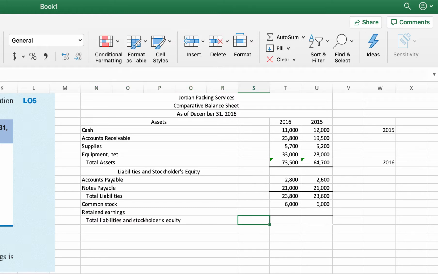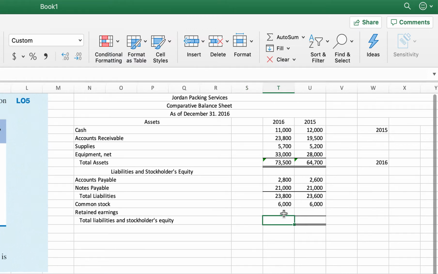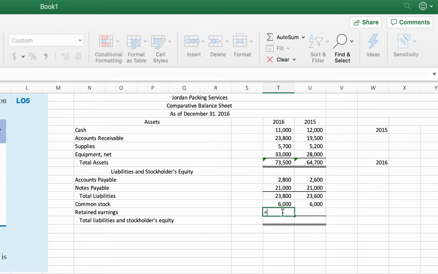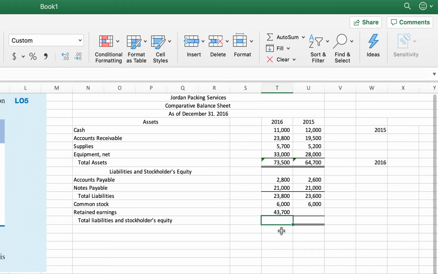There, that looks better. So I know that this total number has to be $73,500. So I can calculate my retained earnings for 2016. I say equals, I'm just going to use this total asset number minus my total liabilities minus my common stock. I see that my retained earnings for 2016 is $43,700.